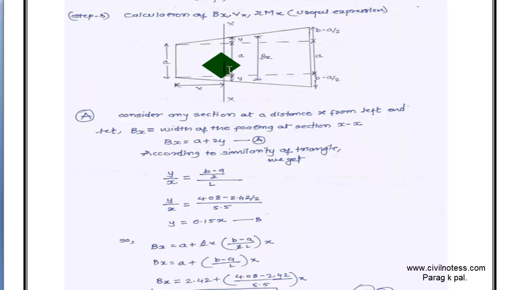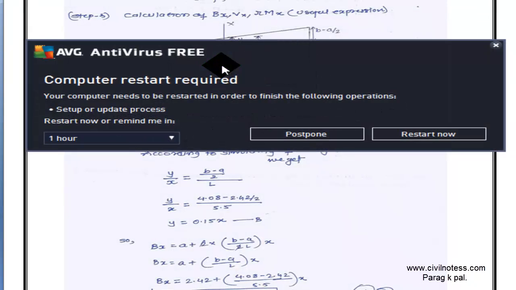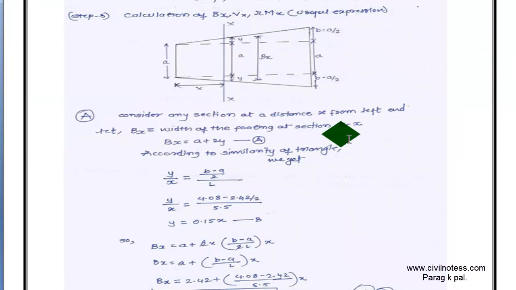At that section we are calculating the values Bx, Vx, and Mx. So first you calculate Bx, then Afx, then Vx and Mx. Okay, let's calculate. What is Bx here? Bx is nothing but this breadth A plus twice y.